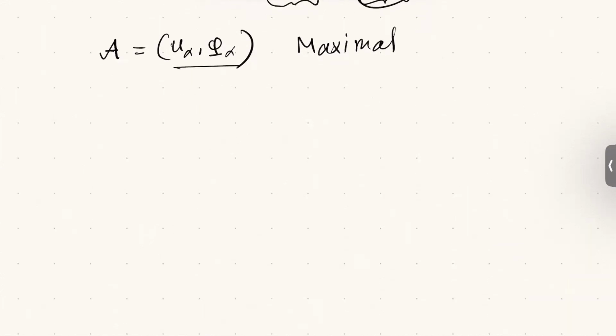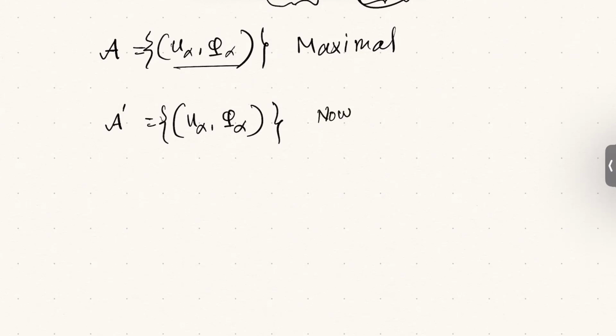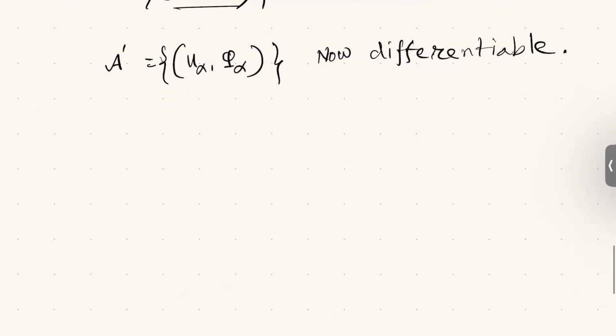And if I choose a different A prime with U alpha, phi alpha, but this U alpha and phi alpha are now only differentiable, then I can talk about the differentiability of phi prime after gamma.